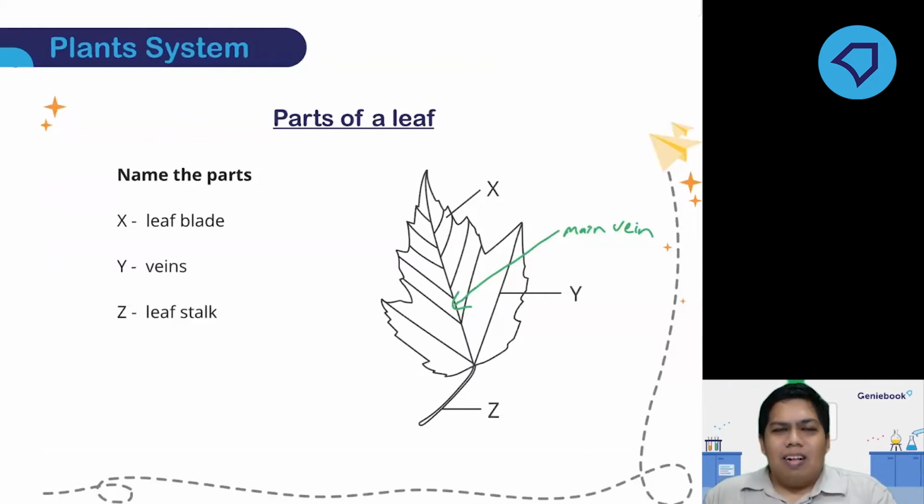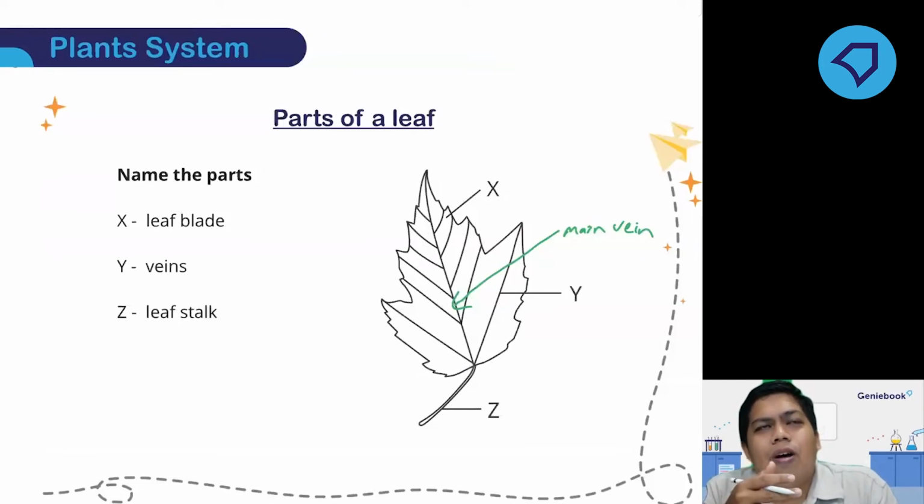Someone asked what the function of these parts is. At your level right now, we don't need to know the functions. As we go into more detail in upper primary and secondary school, you will learn more.